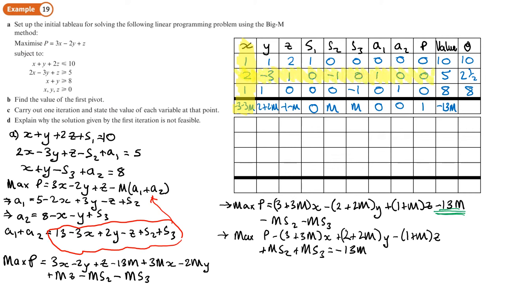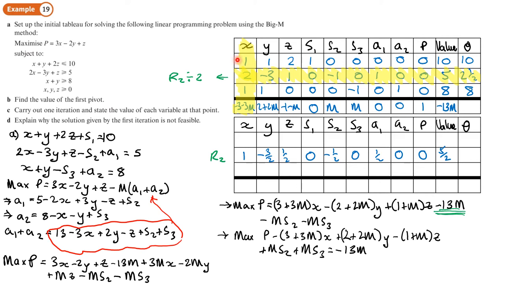So 2 is the pivot value, which means I need to take row 2 and divide it by 2. So this is what my row 2 is going to become: 1, minus 3 over 2, a half, 0, negative a half, 0, a half, 0, 0, 5 over 2. So this is my new row 2.